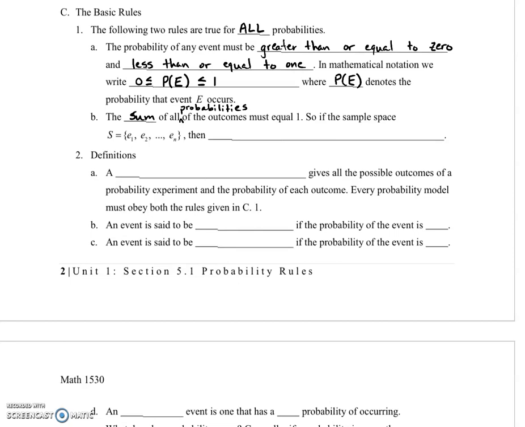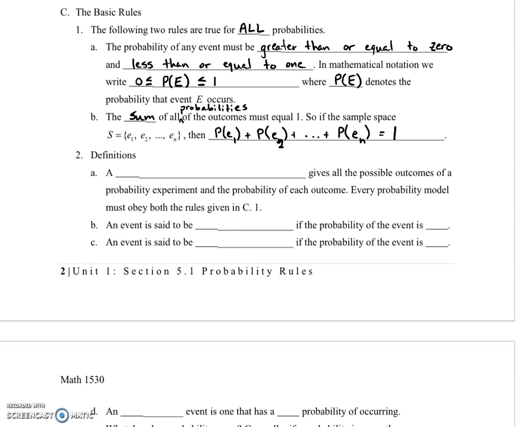So if the sample space S is E1, E2, and remember each one of those is a simple event, then the probability of the first event plus the probability of the second event plus, and we keep going, all the way up to the probability of the last event has to equal 1.